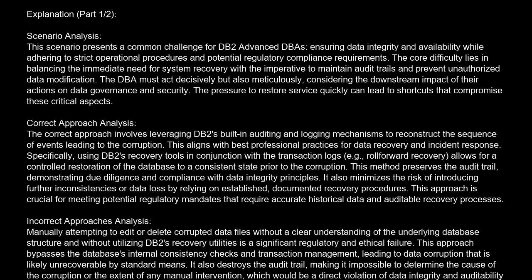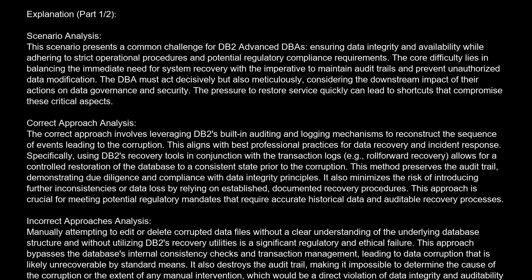Correct approach analysis. The correct approach involves leveraging DB2 built-in auditing and logging mechanisms to reconstruct the sequence of events leading to the corruption. This aligns with best professional practices for data recovery and incident response. Specifically, using DB2 recovery tools in conjunction with the transaction logs, e.g., roll-forward recovery, allows for a controlled restoration of the database to a consistent state prior to the corruption.